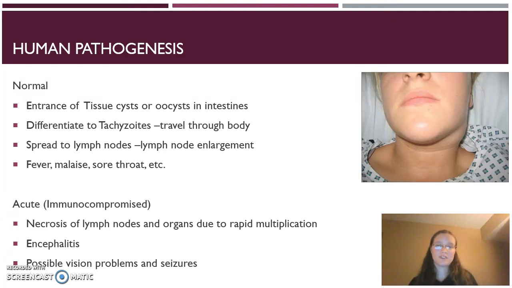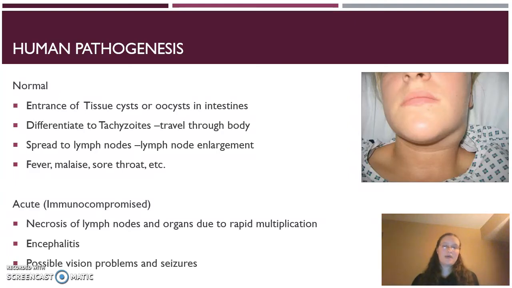However, if the person is immunocompromised, this infection does not stop, and it can cause necrosis of lymph nodes and other organs that become infected through the blood. The tachyzoites will infect these cells and kill them due to their rapid multiplication. It can also cause encephalitis in the brain if it spreads to the brain tissue.